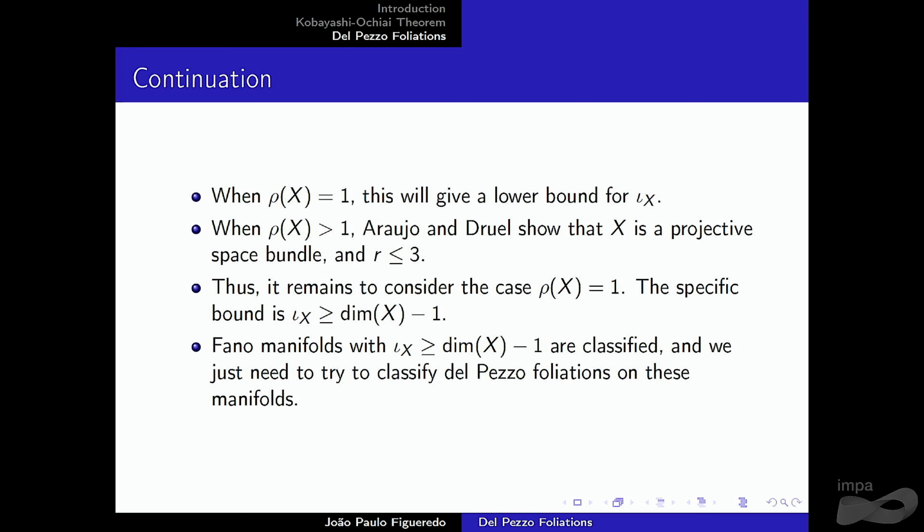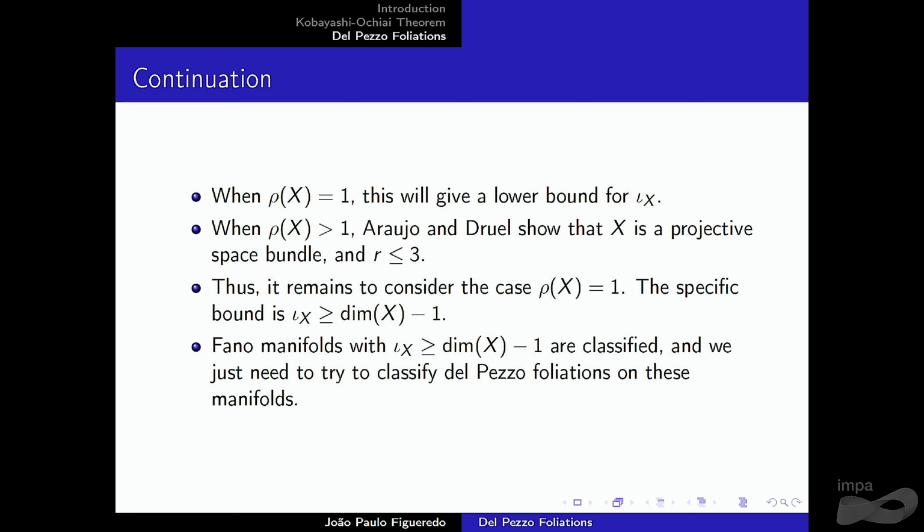The case of Picard number greater than 1, I will not talk about here, but Araujo and Druel show that if this happens, X is a projective space bundle, and the rank is at most 3. And so here there is a classification, but I'm only concerned with the case Picard number 1.